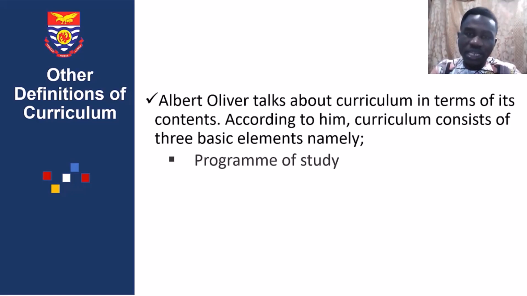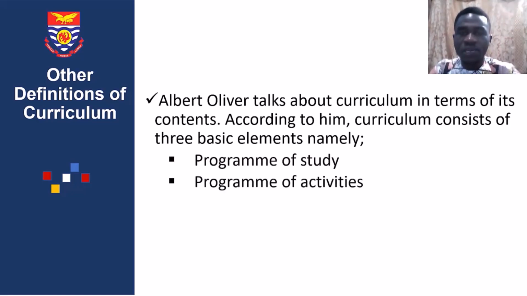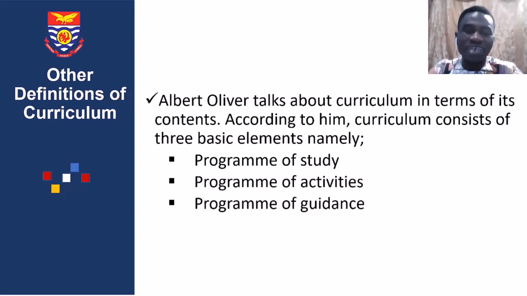These three elements are the program of study, the program of activities, and the program of guidance. So that is Oliver's definition of curriculum in terms of its content. Now, what does Oliver mean when he mentions a program of study, a program of activity, and a program of guidance? Let's look at what he means by that.